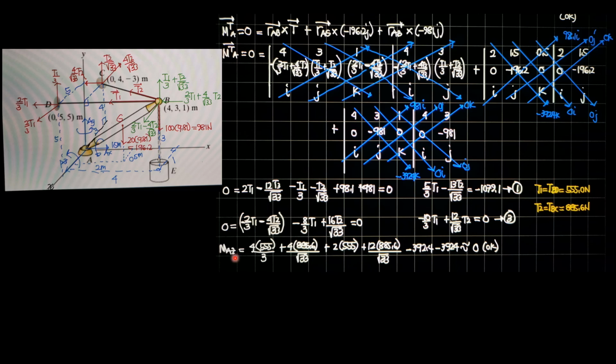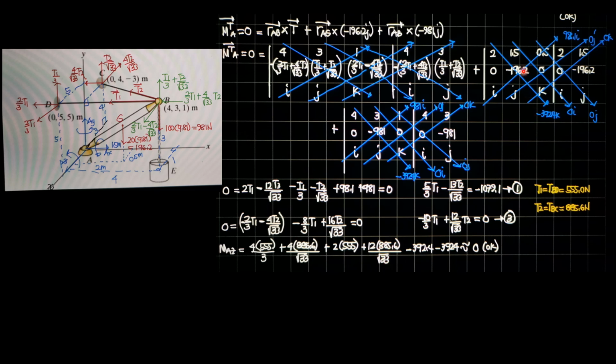Then we check by making sure that the moment about Az is 0, so that's k. So 4 T1 over 3, then 4 times T2 over square root of 33, k. Then minus, so this is positive 3 times 2/3 T1, so that's positive 2 T1. Then negative 3 minus negative 3, so positive 3 times 4 T2 over square root of 33, that's 12 T2 over square root of 33.